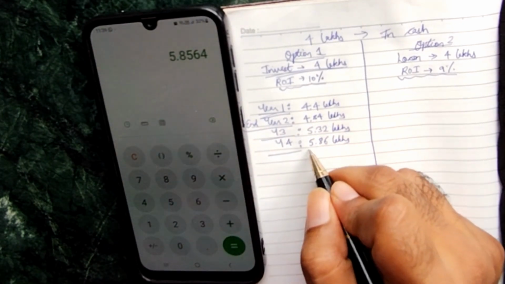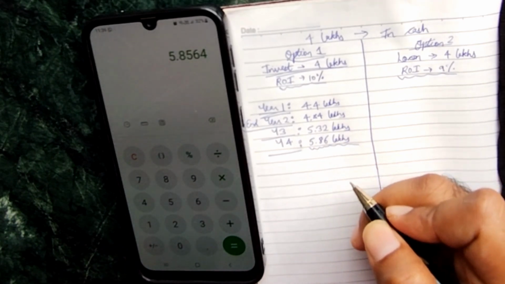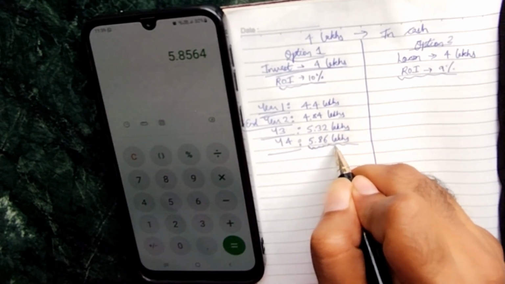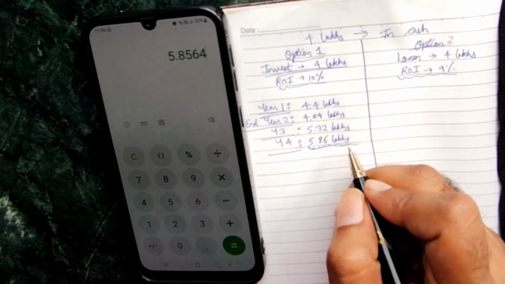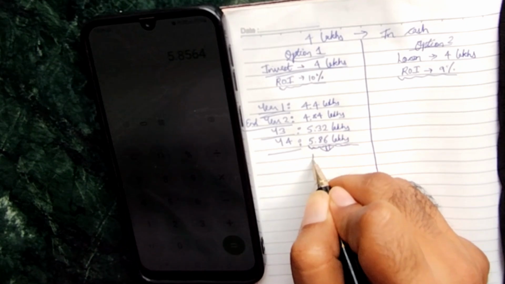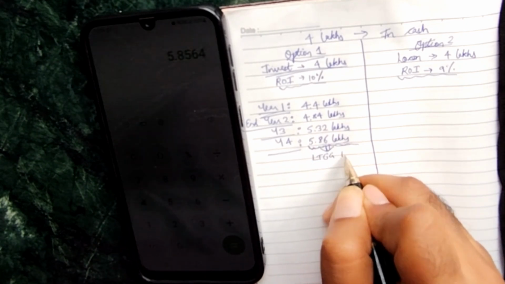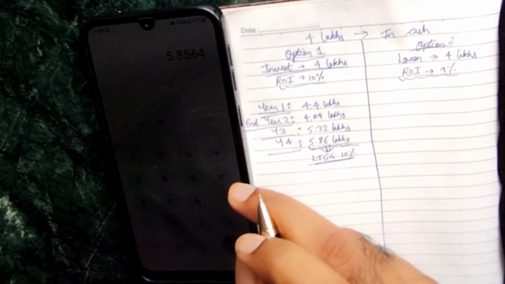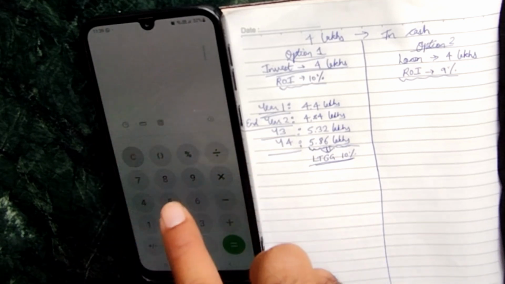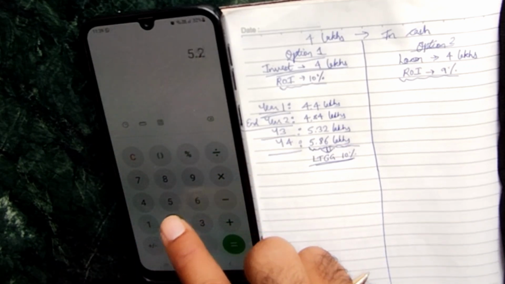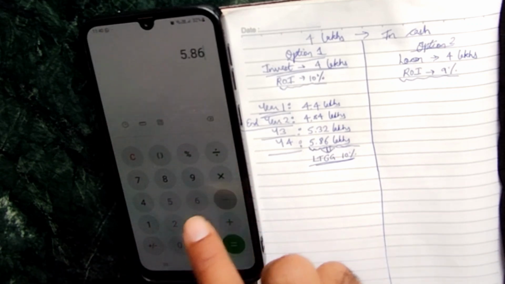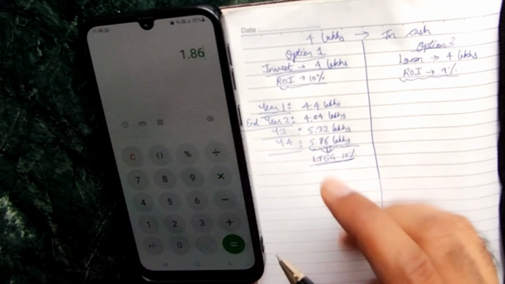Now this 5.86 lakhs is not completely his. Government will also ask for some share of this. If he is investing in equity, this will attract long-term capital gain tax of 10% on profit. So his net profit is 5.86 minus 4 lakh, which is his initial investment, 1.86.